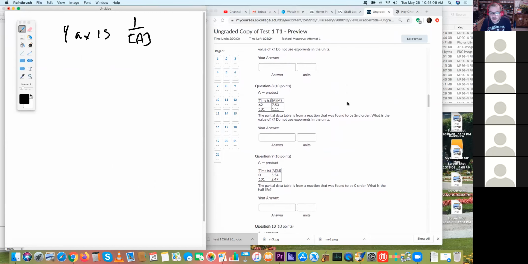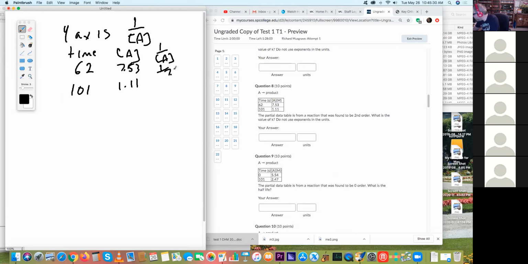So you can see there that all I would have to do is I'd have a 62, 101 for the times. Then I have A, which is going to be a 7.53 and 1.11. Then I'll just do 1 over A, and those become my y values. So it'd be 1 over 7.53 in the calculator, 1 over 1.11.